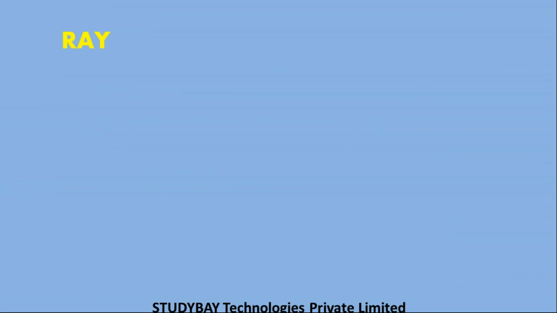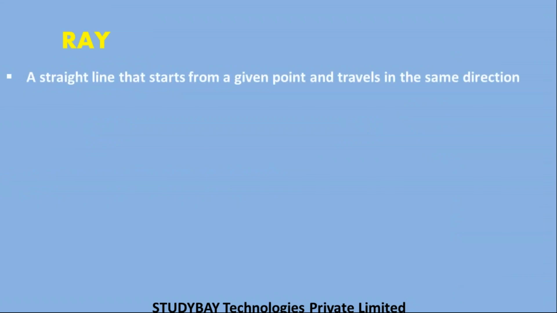Now something about ray. We all have seen the sun rays, rays coming from a bulb, rays coming from the moon and so on. So ideally, a straight line that starts from a given point and travels in the same direction is called a ray. Let's say this is one point and a ray has originated from this particular point.